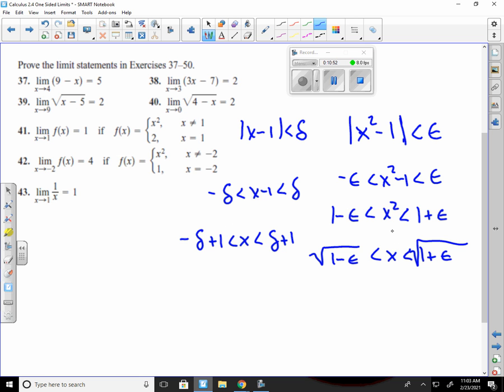So now I'm going to plug these numbers in. I guess that doesn't necessarily work out. We don't know that yet. So let's start plugging the numbers in. I'm going to plug this in here. So this would be negative square root of 1 plus epsilon plus 1 is less than x.